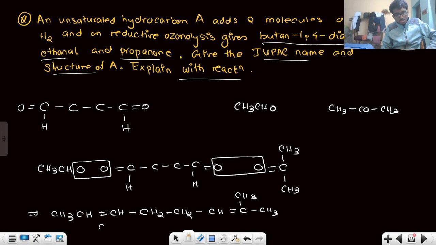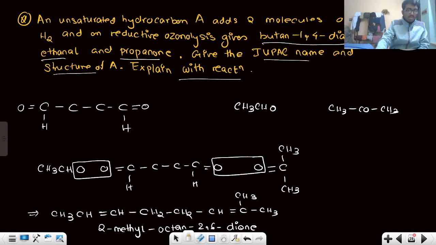So it is 2 methyl, 2,6 di N, 2,6 octane. It won't be there, ignore that.